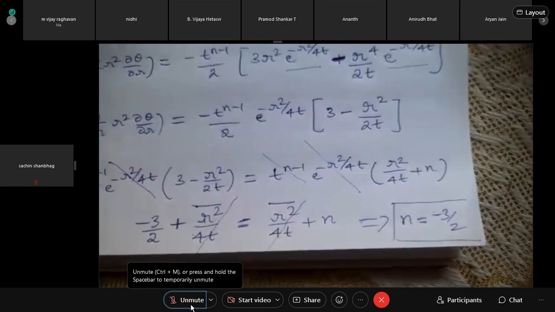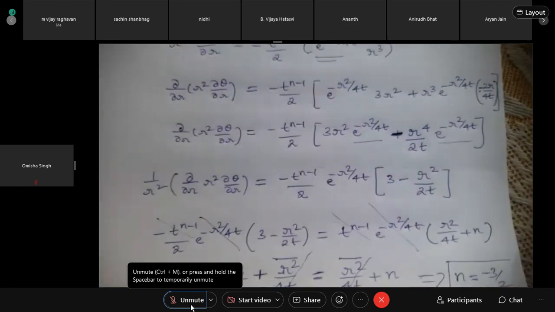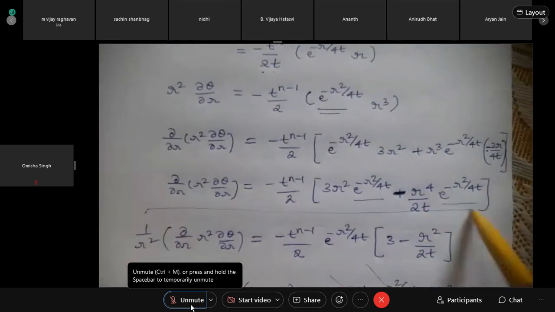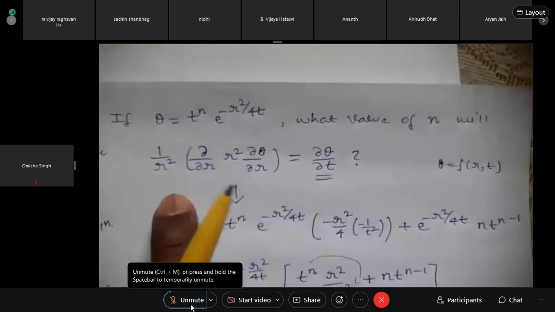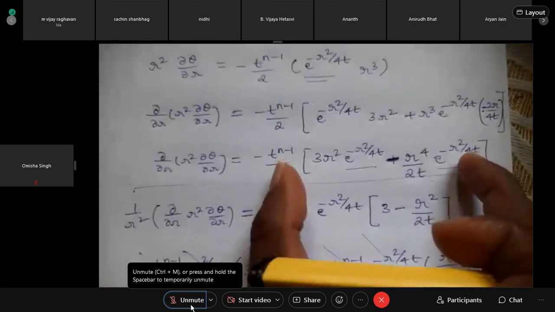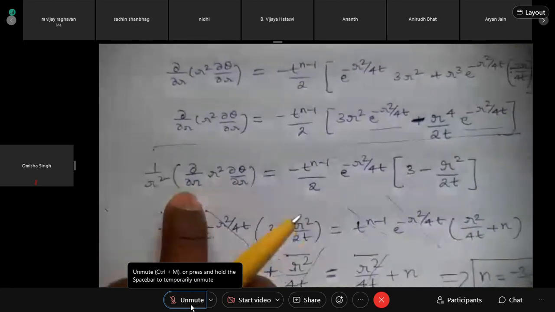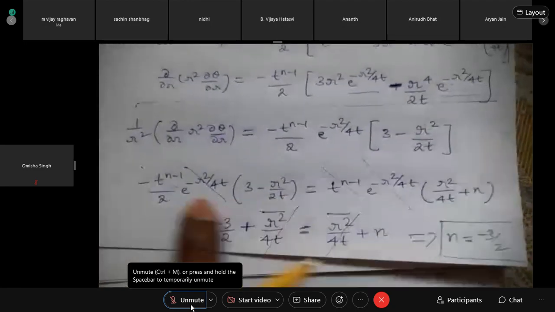Could you show the last part once more? Yeah, here. Yes, sir. See, up to here, if you have understood, I have just considered this relation now. 1 by r square dou by dou r of r square dou theta by dou r is equal to dou theta by dou t. This part is 1 over r square dou by dou r of r square dou theta by dou r. I have written it in the left hand side.